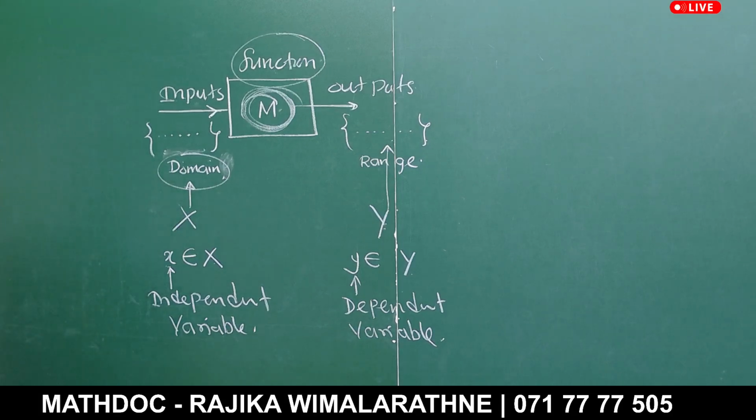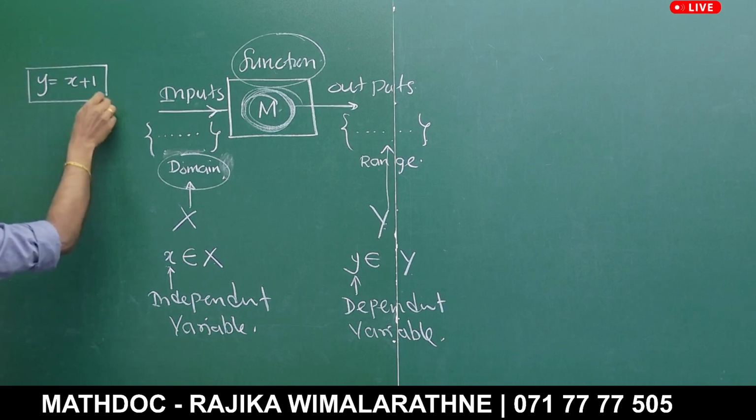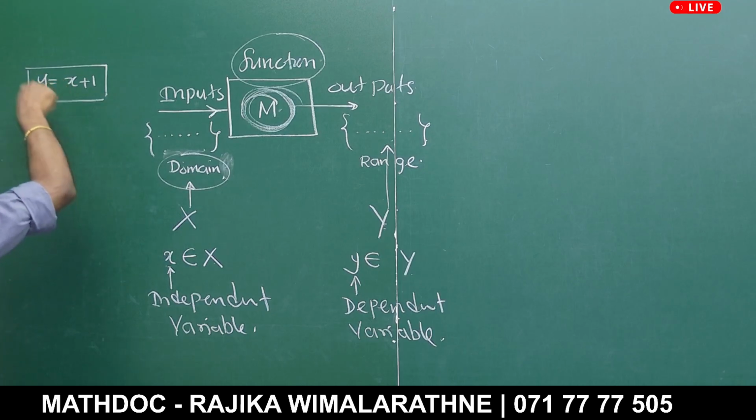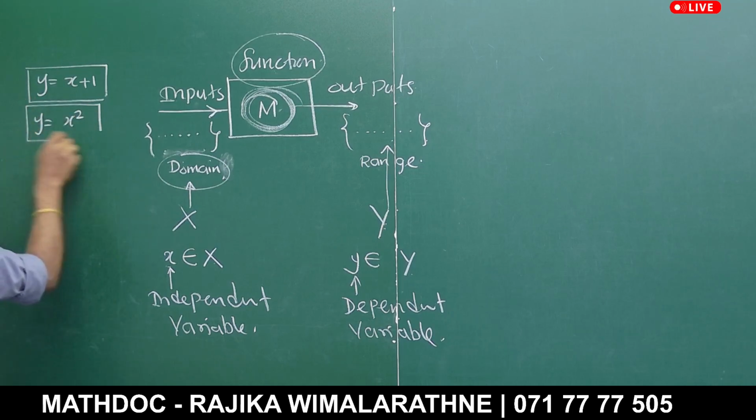You should usually think about expressions like y equals x plus 1. From now onwards you identify this as a function. We can put values for x and get results from y, no? Here are input values, and here are output values. Then y equals x squared, you identify this is a function.